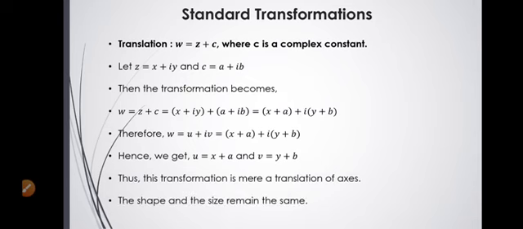Under this translation, the shape and size of the original region in the z plane does not change; it remains the same. If originally it represents a triangle, then under this translation you will get a triangle, but only its position will change.